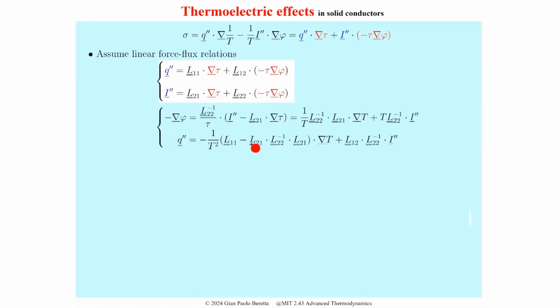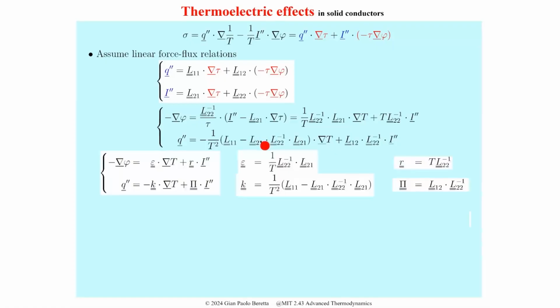So, and that's why you see this difference. So this is the direct, say, Fourier-like kind of term, and this is the indirect one due to the flow of charges, of electrons.